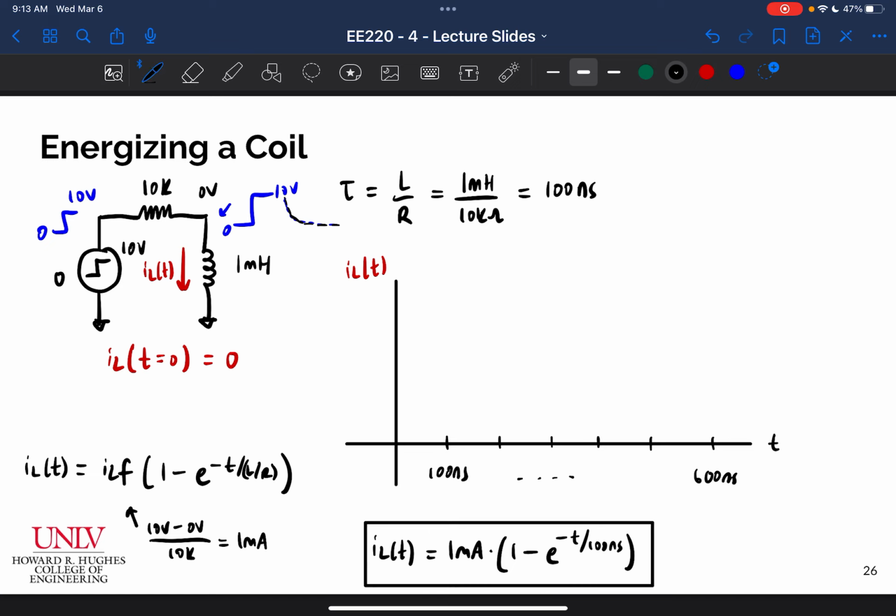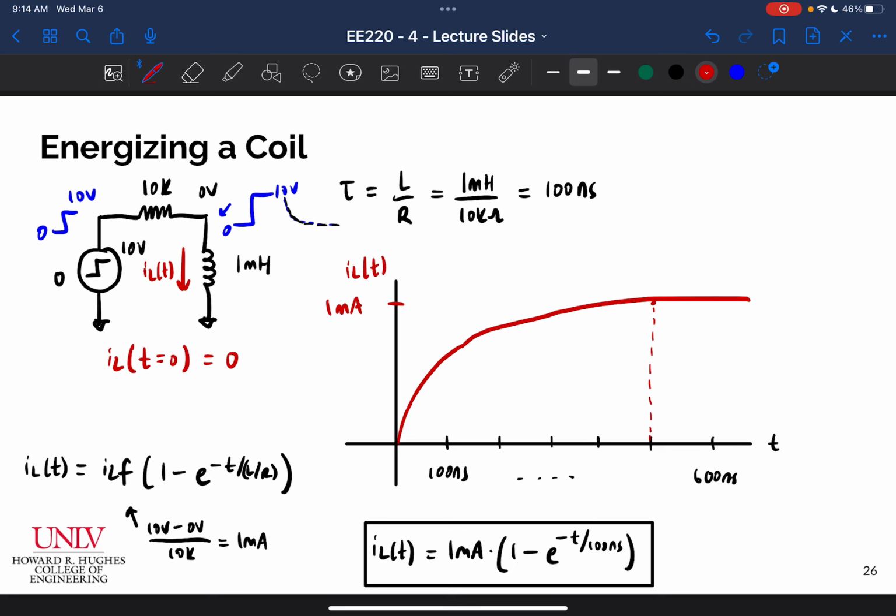If I wanted to roughly sketch this, I would have my current peaking at 1 milliamp at around 500 nanoseconds, which is right where it would reach it. So I would have something that looks kind of like this. That would be my behavior for IL of t in this energizing the coil case.